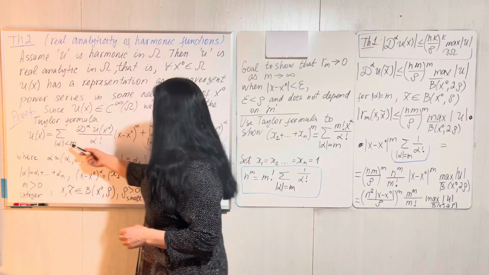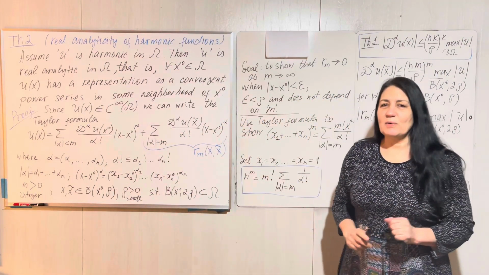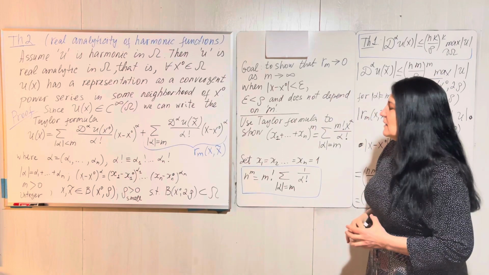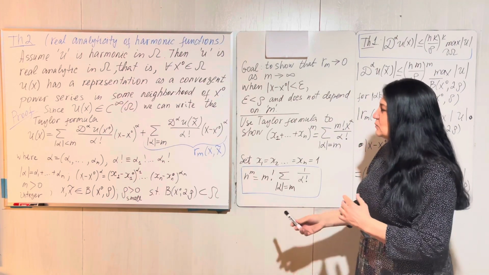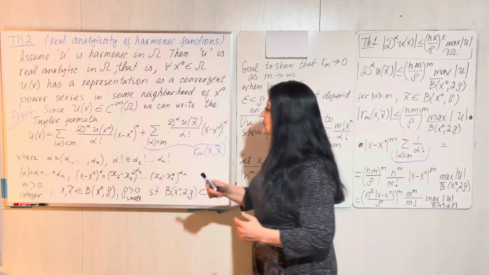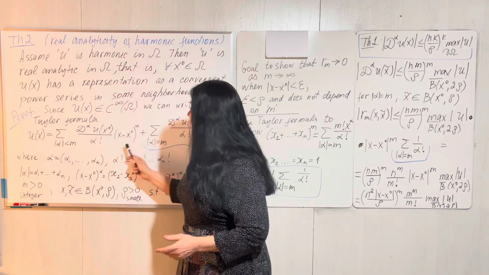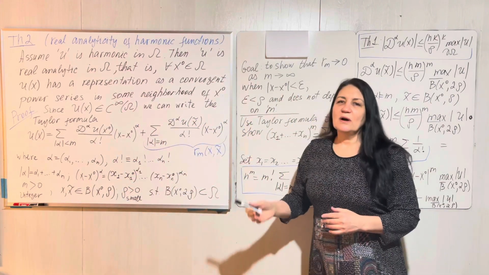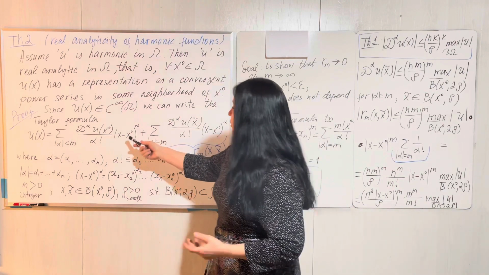So here I wrote Taylor formula in slightly different form compared to the version that we had in part 1, where I used differentials, but I believe it will be clear how to switch from the form written in differentials to this form.